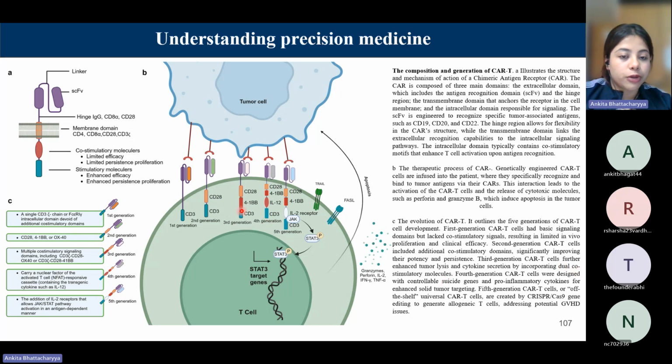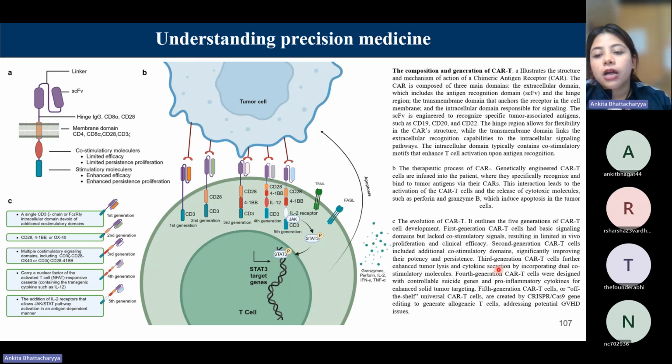Here you can see more and more co-stimulatory molecules have been incorporated. CD3 zeta was already present. You have CD28, OX40 or CD28 41BB, which is the example shown here. This led to enhanced secretion of cytokines like interferon gamma, IL-2, TNF alpha, etc.